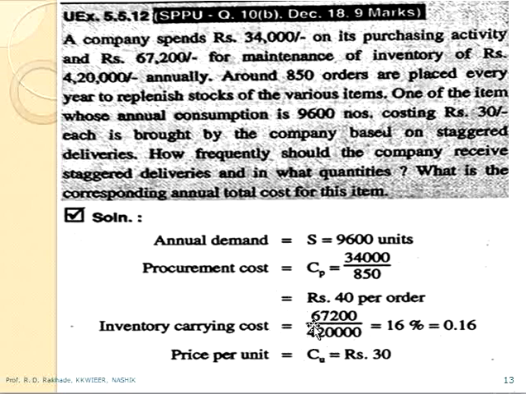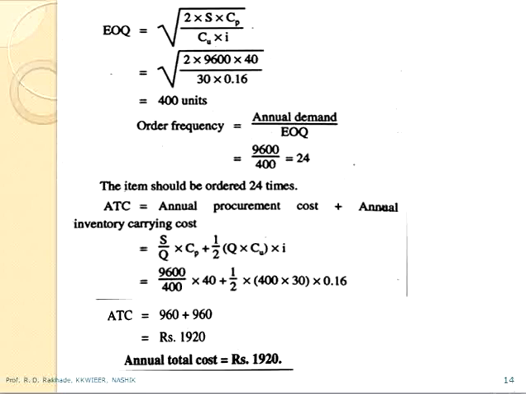By ratio, the company spent 16% as inventory carrying cost, that is 0.16. So we get S, CP, then I, and price per unit is 30, given in the problem. Now we have all these values, so EOQ will be 400 units.